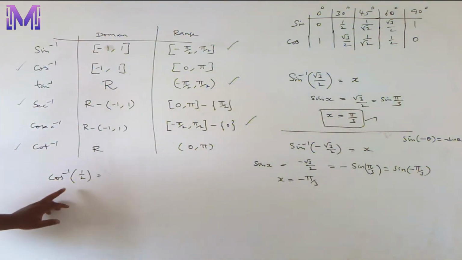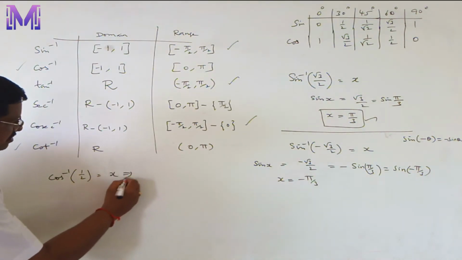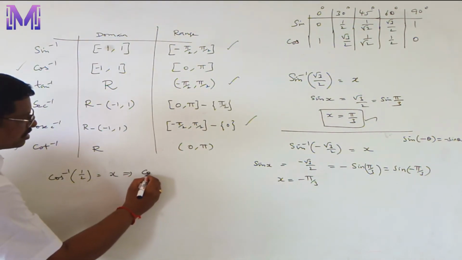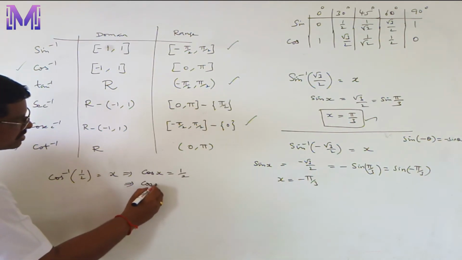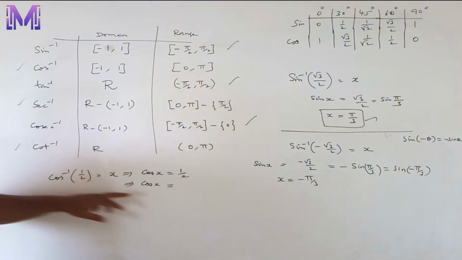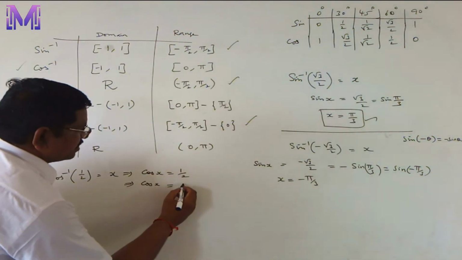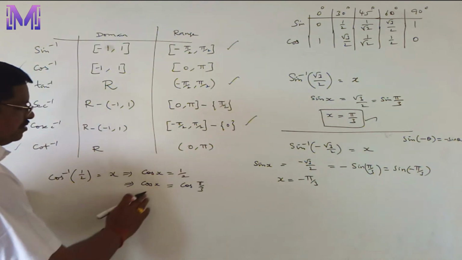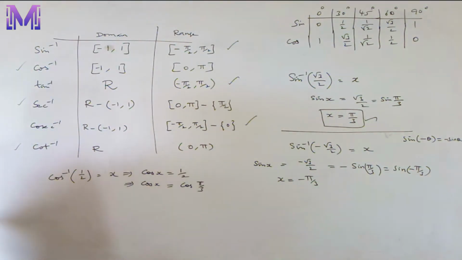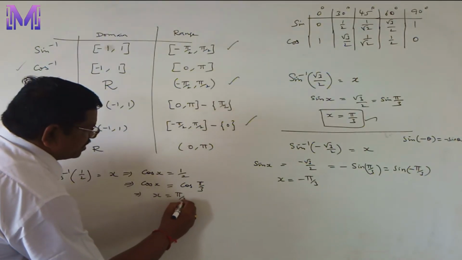Now for what angle do we get cos equal to 1 by 2? First take this as x, so cos x is equal to 1 by 2. We get 1 by 2 when the angle is 60 degrees, so we can write cos of 60 degrees, that is pi by 3. We can cancel cos on both sides, and we get x equal to pi by 3.